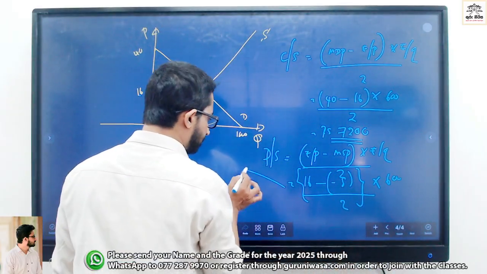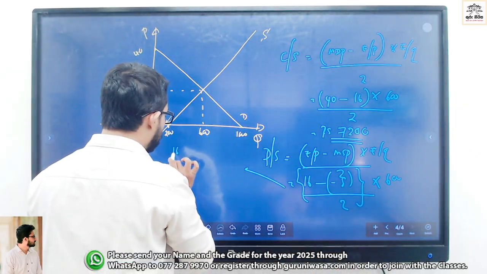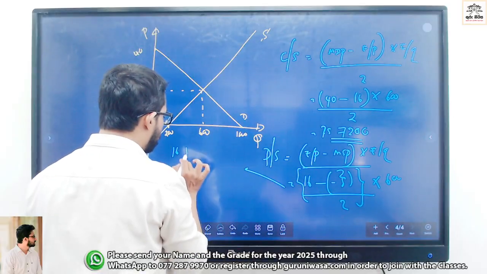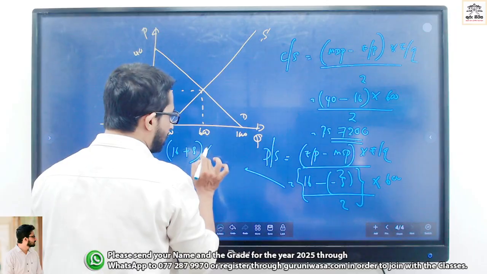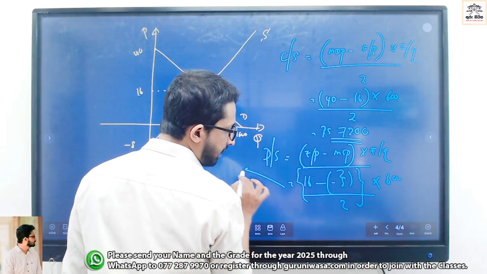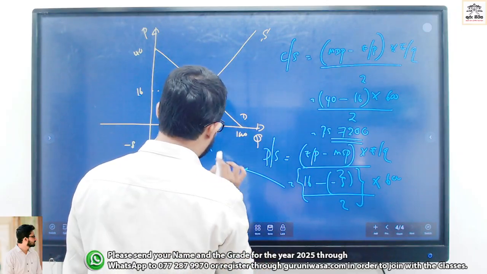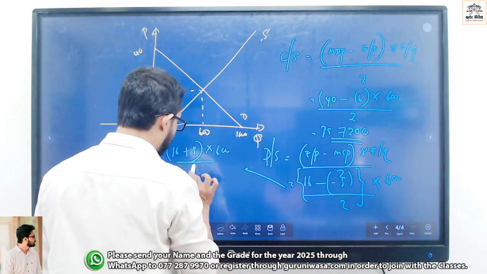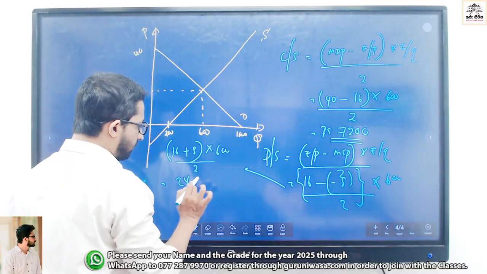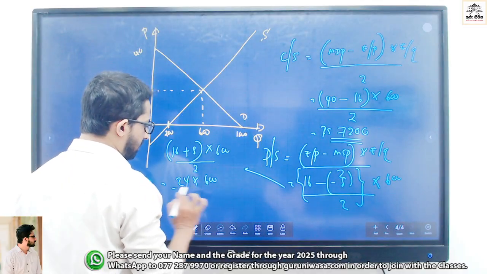Here 16 minus minus 8 means plus 8, so it becomes 24 into 600 divided by 2.